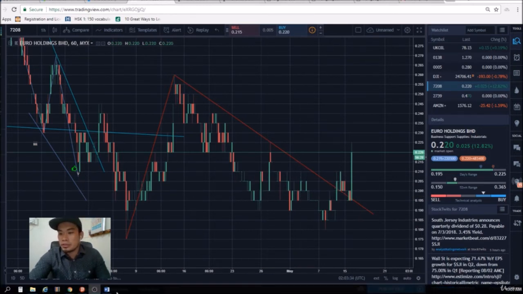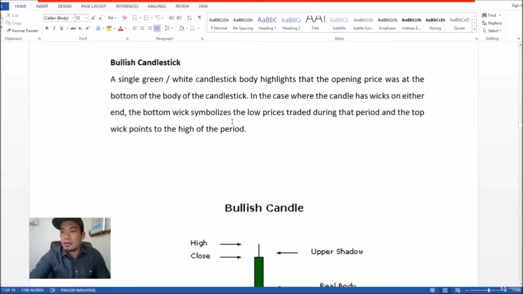If this is the first time you see this: for a bullish candlestick, a single green or white candlestick body shows that the opening price was at the bottom of the body.